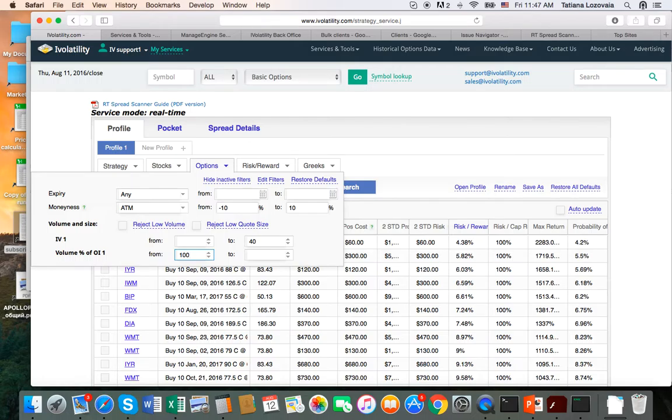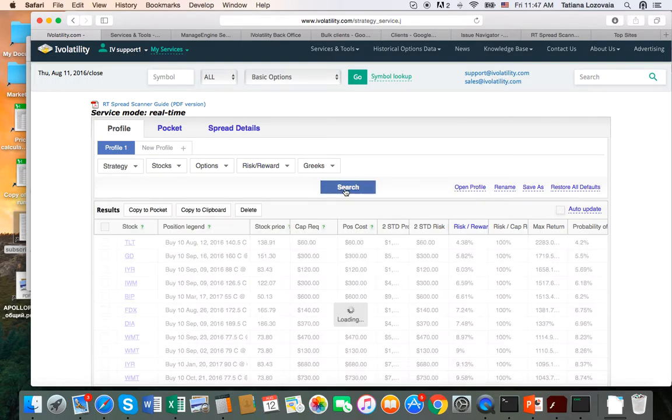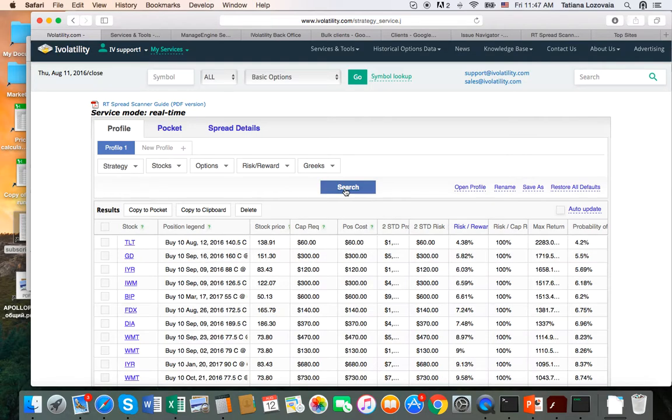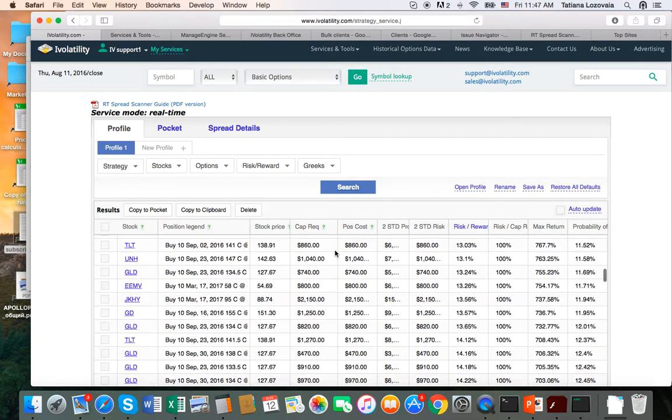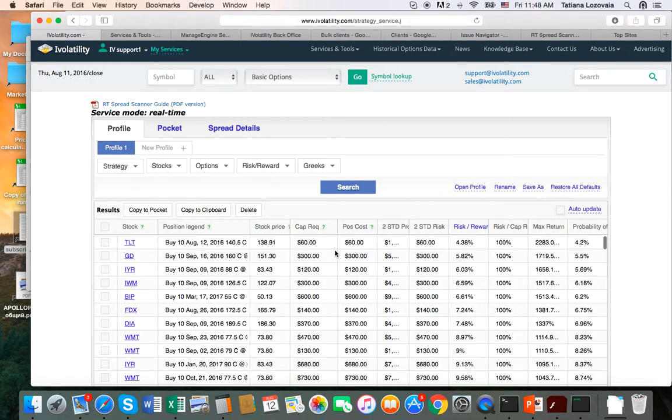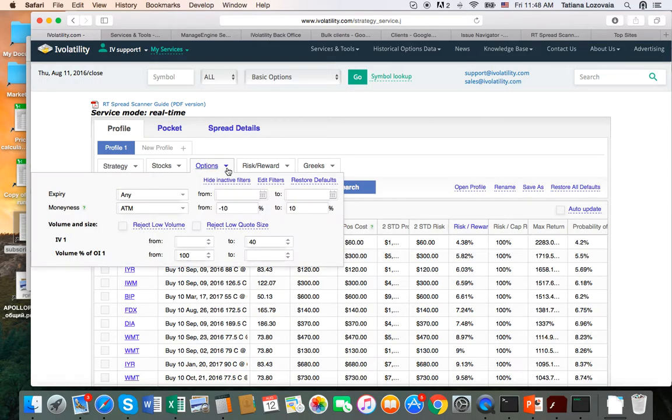Let's have a look if such options generally exist. Just let's click the search button. Okay, so we have a list of options that the scanner suggests we trade, where option volume exceeds the total open interest of the option.